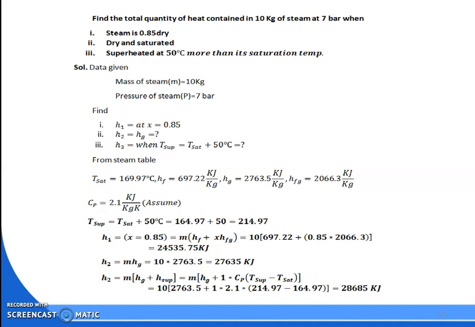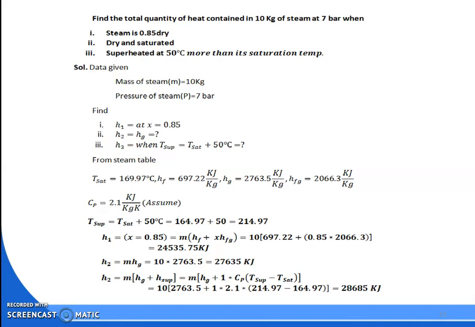Similarly, the total heat required for 10 kg of steam at 7 bar pressure up to dry and saturation, that is H2, is equal to m hg, where m is 10 and hg is 2763.5, which you have already got from the steam table, and that is equal to 27635 kilojoule. So H2 is the total enthalpy required to heat 10 kg of steam at 7 bar pressure up to its dry and saturated condition.